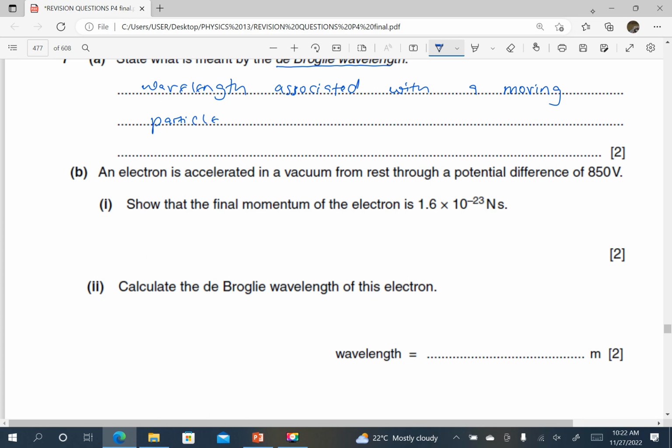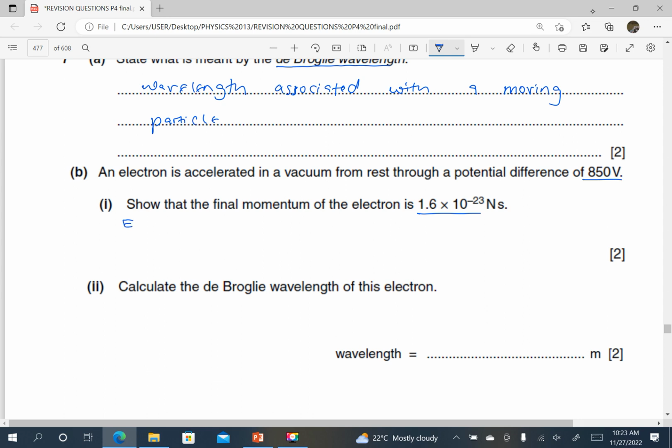An electron is accelerated in a vacuum from rest through a potential difference of 850 volts. Show that the final momentum of the electron is 1.6 times 10 power negative 23 Newton seconds. So an electron is accelerated through a vacuum from rest through a PD. We can find the energy of the electron.